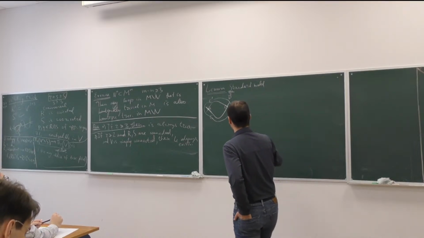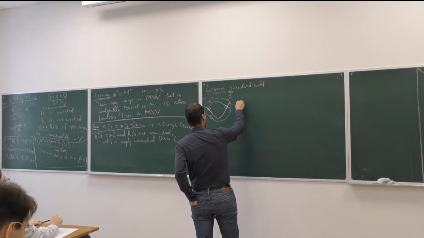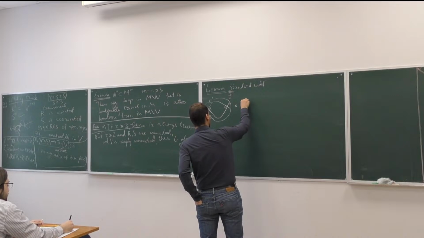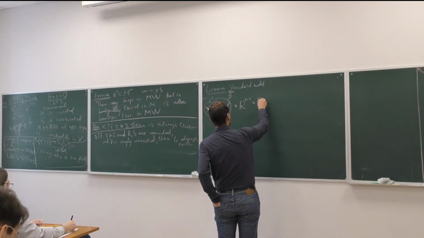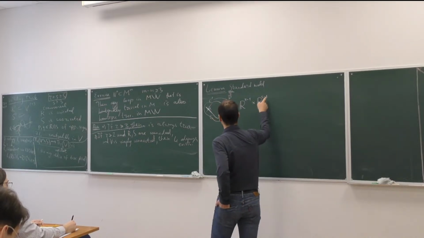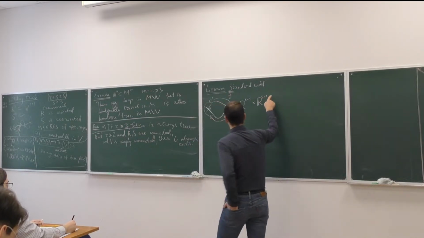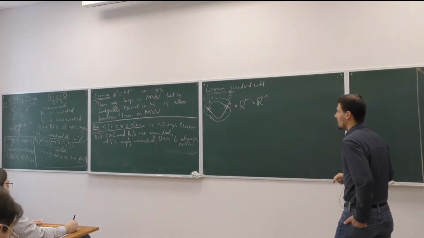We would like to multiply it by R^(r-1) and by R^(s-1). Then this whole object is of dimension r plus s.